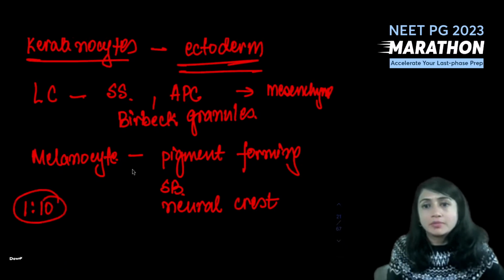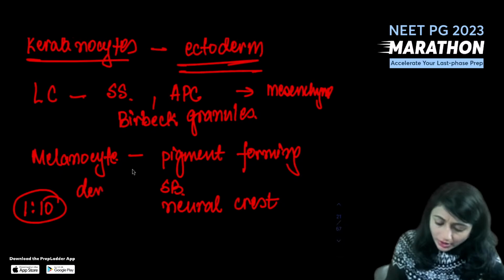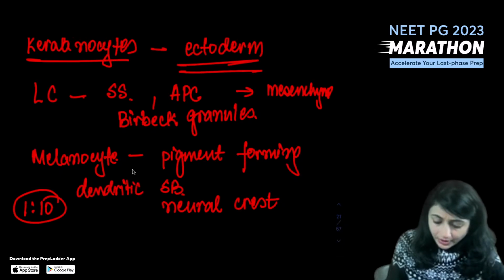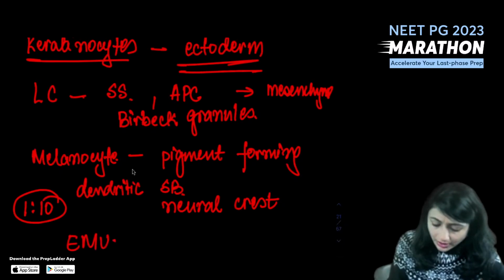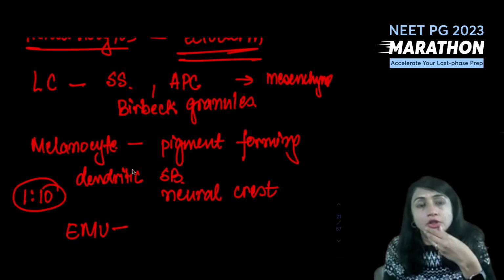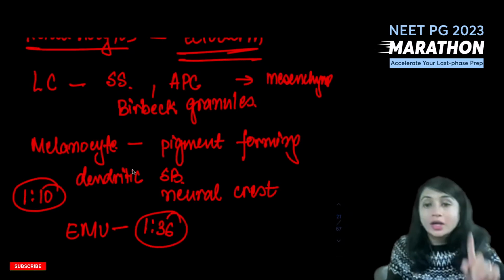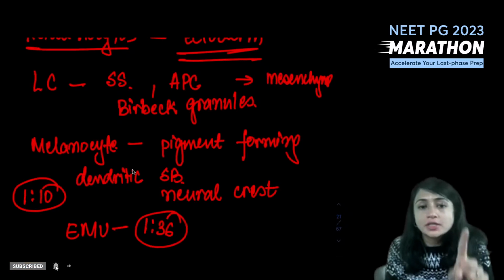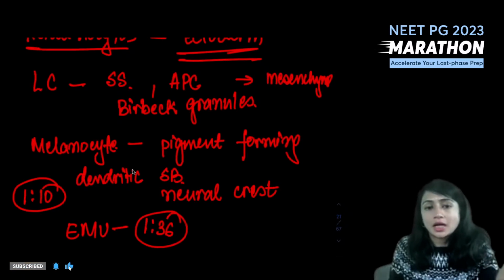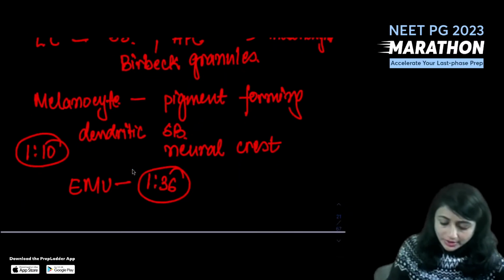So for every 10 basal cells, I have one melanocyte. This is also a dendritic cell. Then you should know the EMU or epidermal melanin unit. That is 1:36, which is one melanocyte transfers its melanin to 36 keratinocytes. Clear? So these are all important points about these cells.